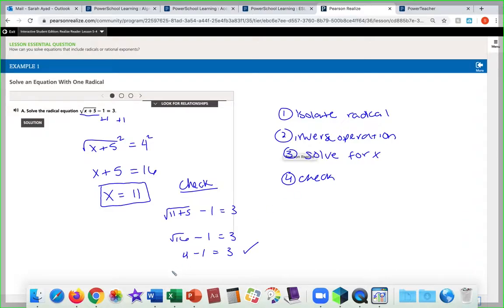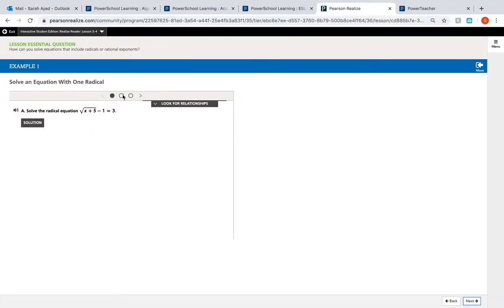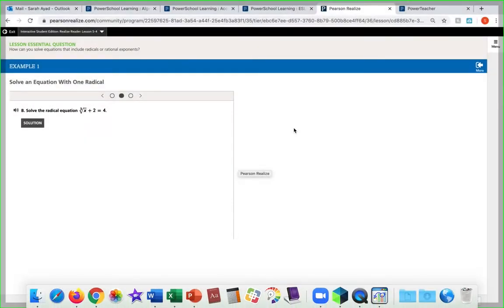All right. Let's look at part B of example 1. Now what is in the root? We have a cube root this time and only the x is in the root. So to isolate the radical, all I have to do is subtract 2 over. Let me lower that volume. All right, so I'm going to subtract 2 over, leaving me with the cube root of x equals 2.